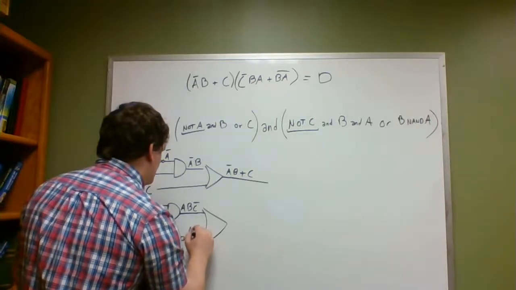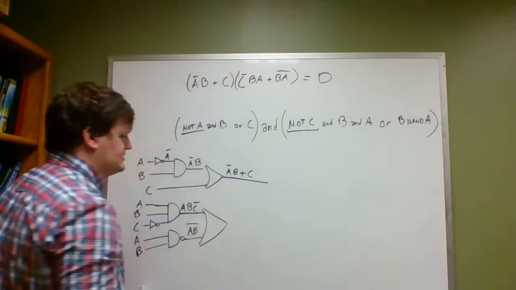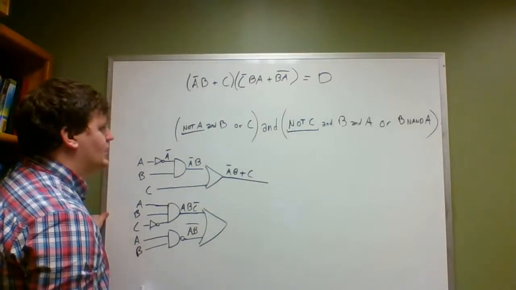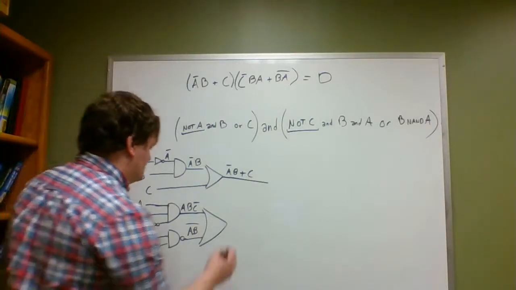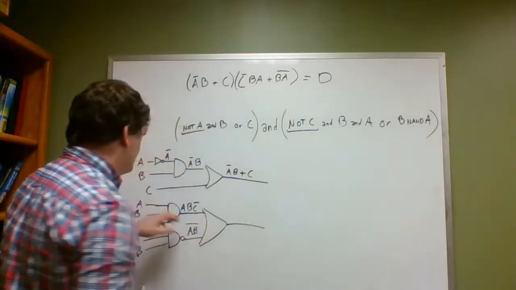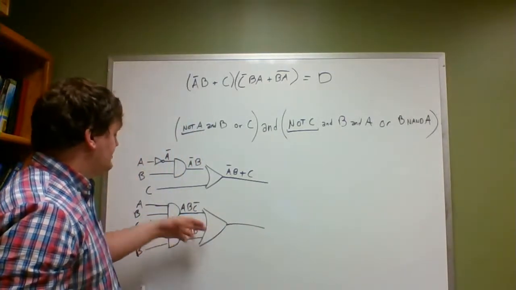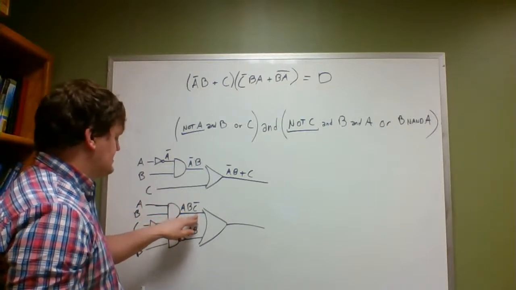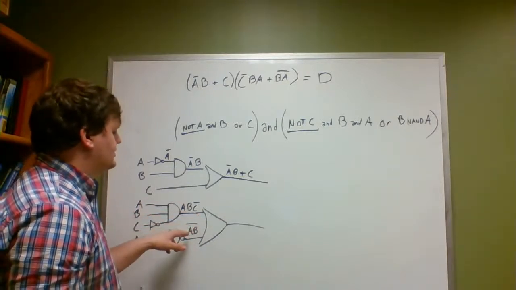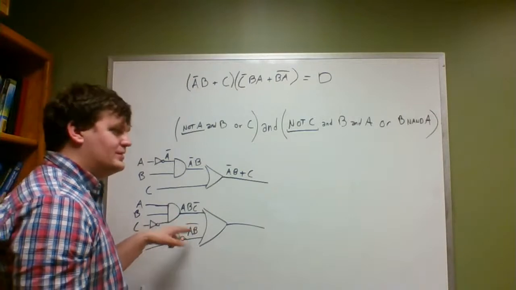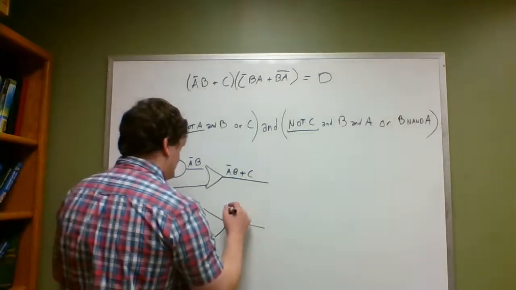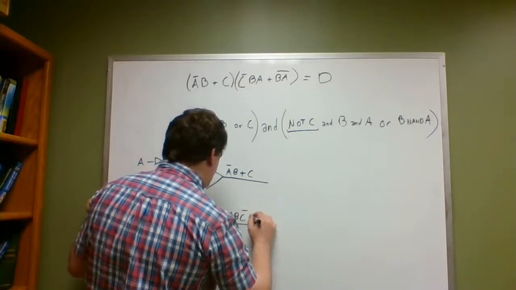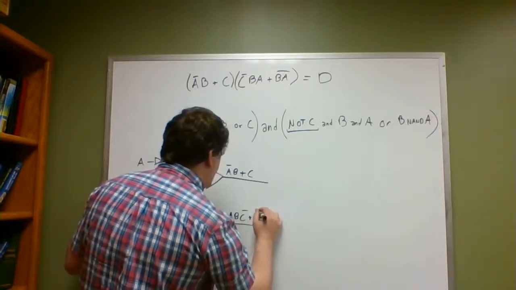And this creates AB not. This statement here, since it's an OR gate, creates A and B and not C, or not A and B. So this is A, B, C not plus A, B not.